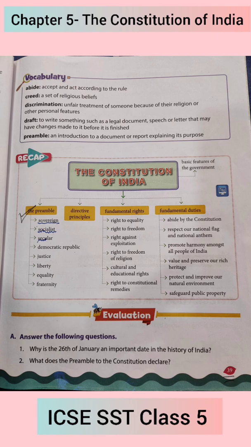Then fundamental rights: right to equality, right to freedom, right against exploitation, right to freedom of religion, cultural and educational rights, right to constitutional remedies. Then fundamental duties: abide by the Constitution, respect our national flag and national anthem, promote harmony amongst all people of India, value and preserve our rich heritage, protect and improve our natural environment, safeguard public property. So the Constitution of India states the basic features of the government.